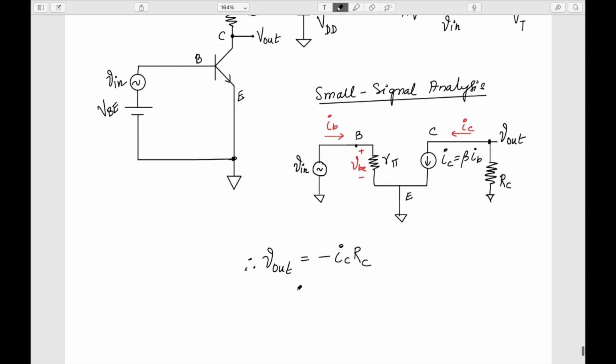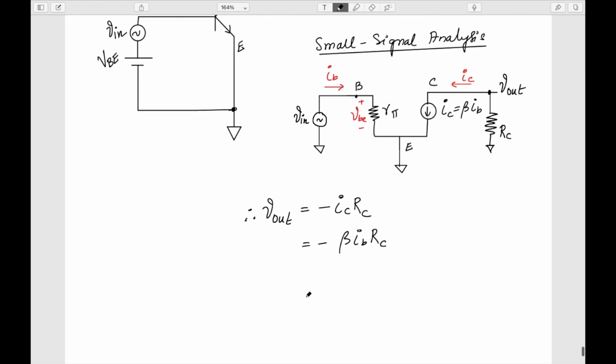Now what is my IC? It is equal to beta times IB, so V out is minus beta times IB into RC. And what is IB? IB is basically VBE by R pi. In this case, because this node is grounded, VBE is equal to V in.